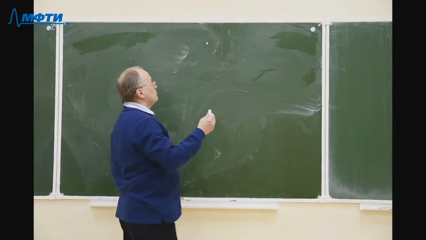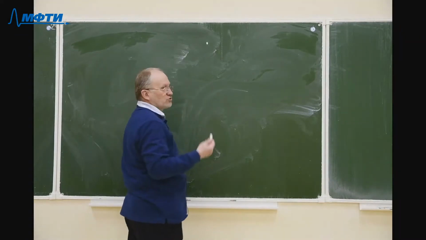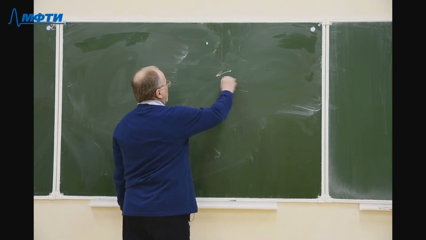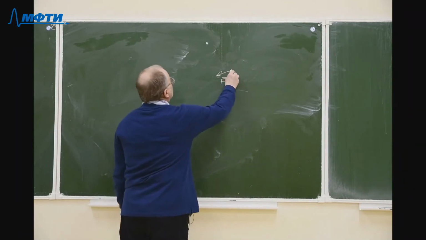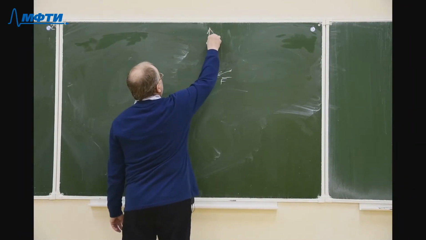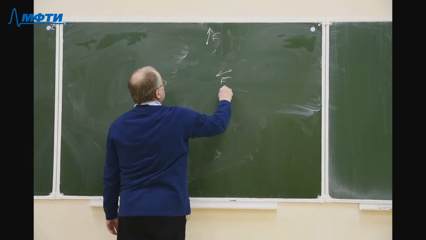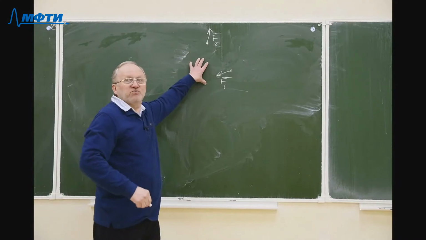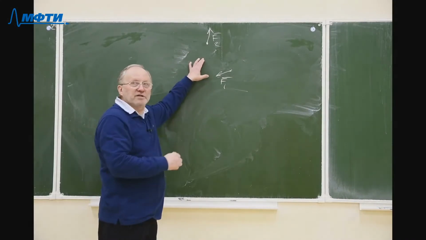If you take a probe body, a small mass or small charge, and put it here, some force will act on it. If you put this probe body in another place, another force will act on it. This is F1, F2. But in each point of space, there will be some force acting on a probe body.